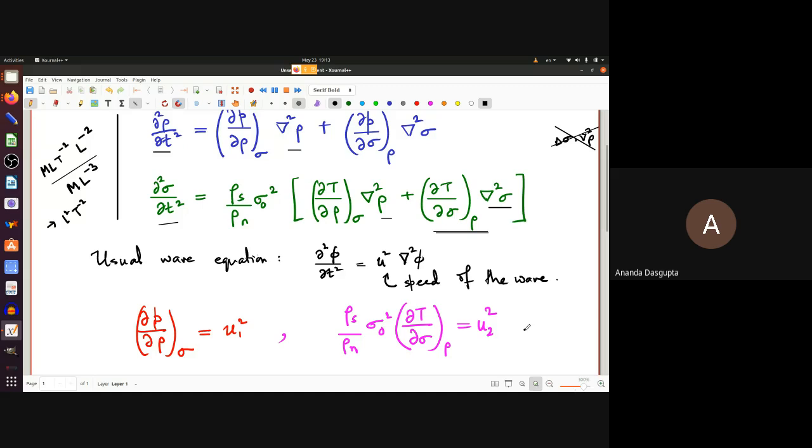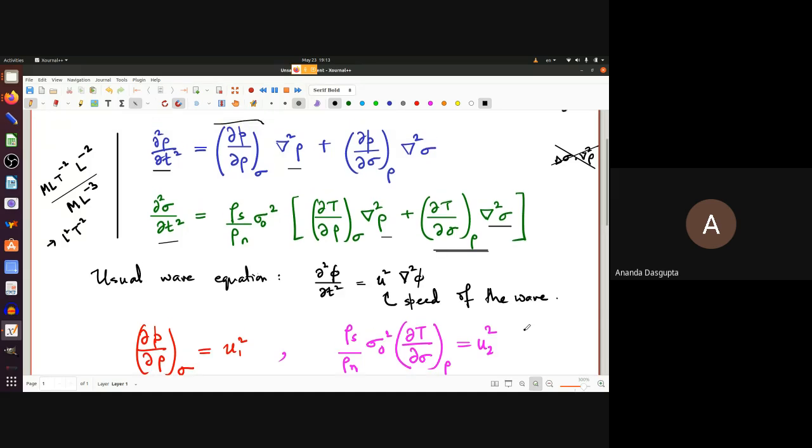But at least at this stage, we know that these are velocities, and in particular, suppose sigma had not fluctuated, suppose sigma were constant for some reason, then this term would not have been there. Then this equation would have told you that density would fluctuate and travel like a wave, and the wave's velocity will simply be u1. So if you had no sigma fluctuation, you would have a wave with velocity u1.